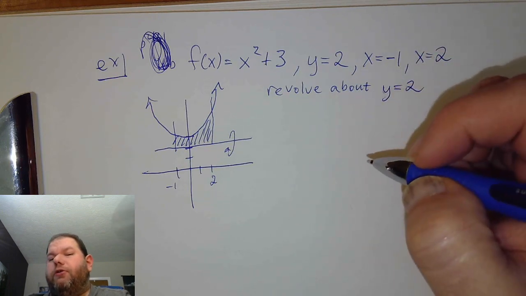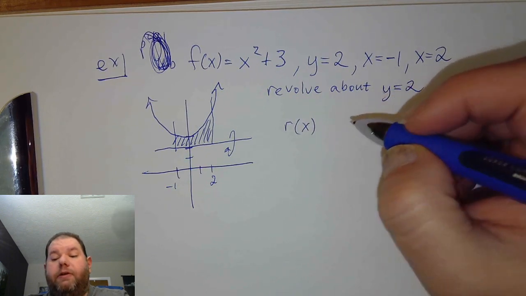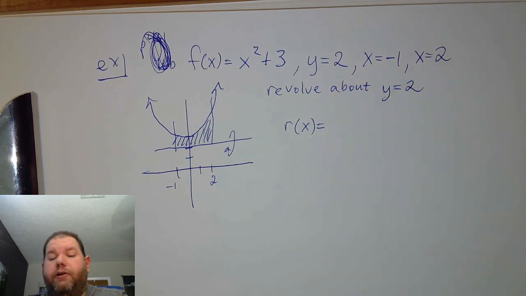So my question to all of you first is, what is r of x going to be in this particular problem? Remember, we said r of x is the distance from the function to the axis of revolution.